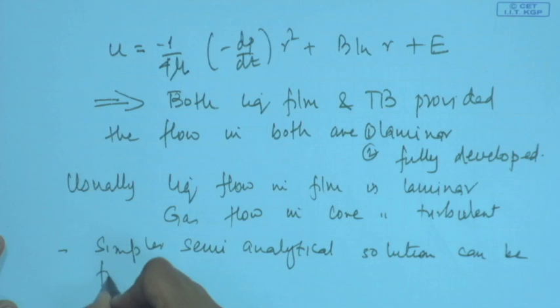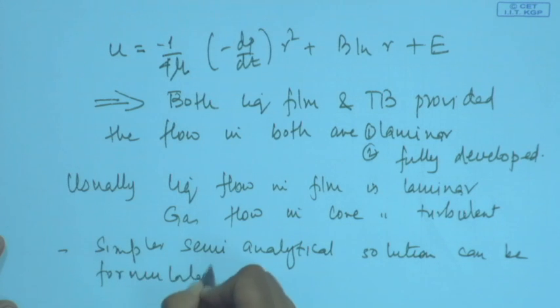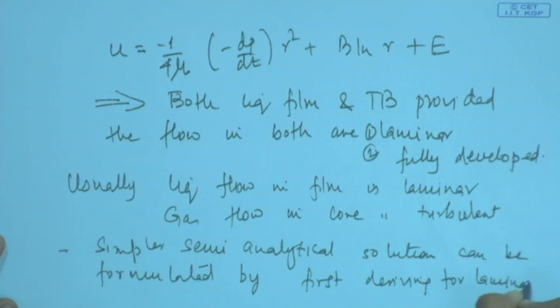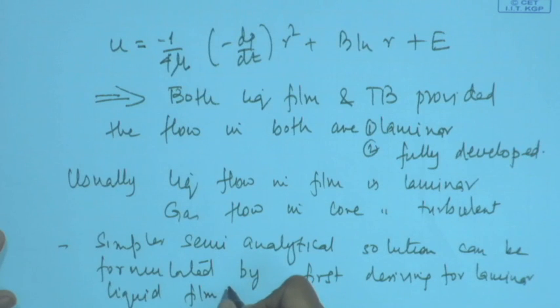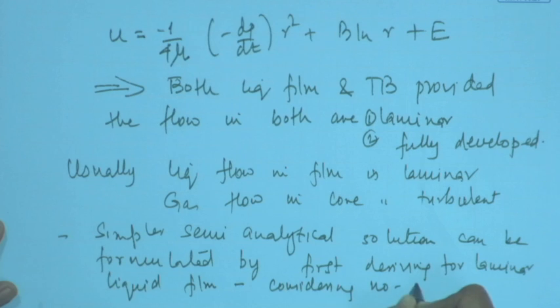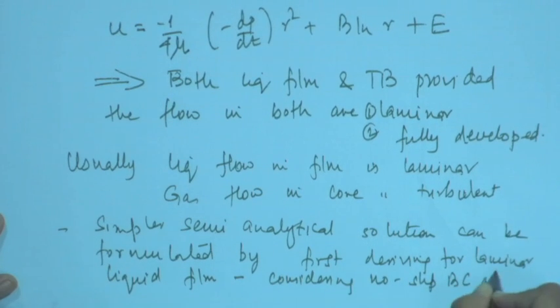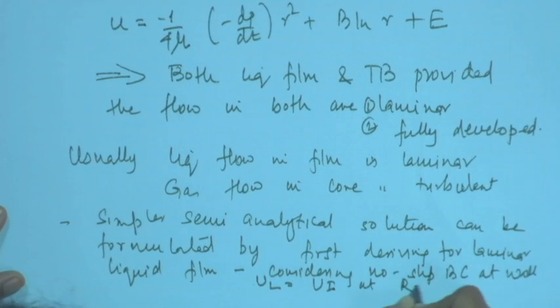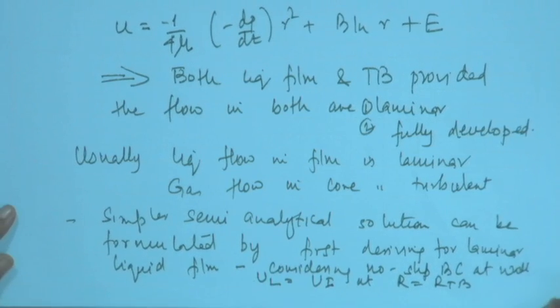For this particular case, it can be formulated by first deriving the solution for the laminar liquid film, considering the no slip boundary condition at the wall, and U_L equals U_I at r equals R_TB. Can we not do this?